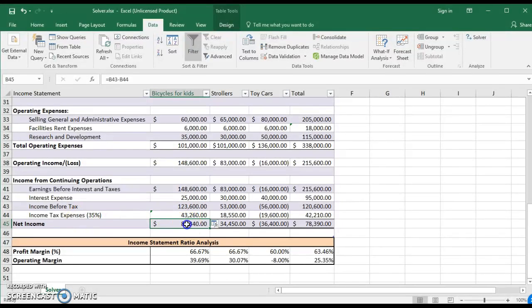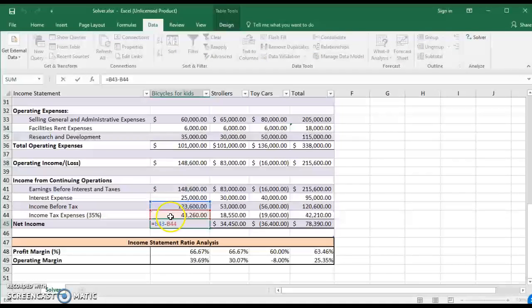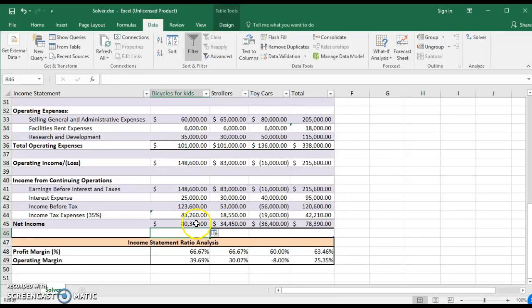And that would give us the net income, which is income before tax minus the income tax portion. So we'll have a net income of approximately $80,000 for bicycle, $34,000 for strollers, and we have a loss of $36,000 from toy cars.